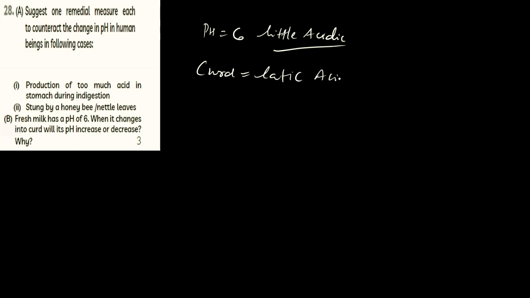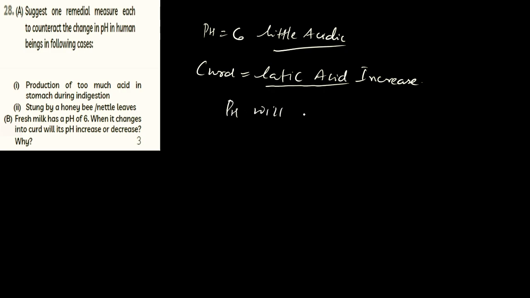Next question. Fresh milk has a pH of 6. When it changes into curd, will its pH increase or decrease? Fresh milk has pH 6, so it's a little acidic. Now, if it changed into curd, the lactic acid concentration increases. When acid concentration increases, pH decreases.